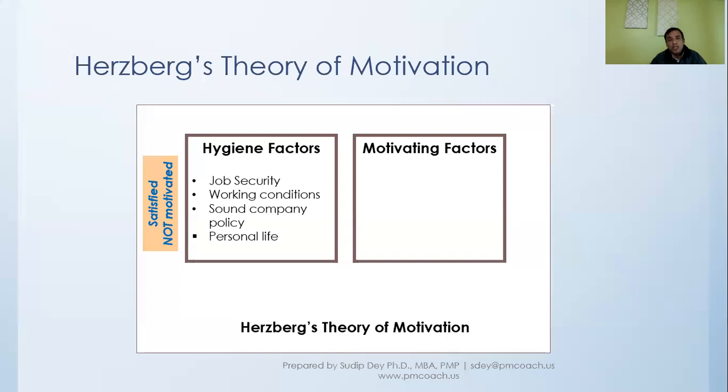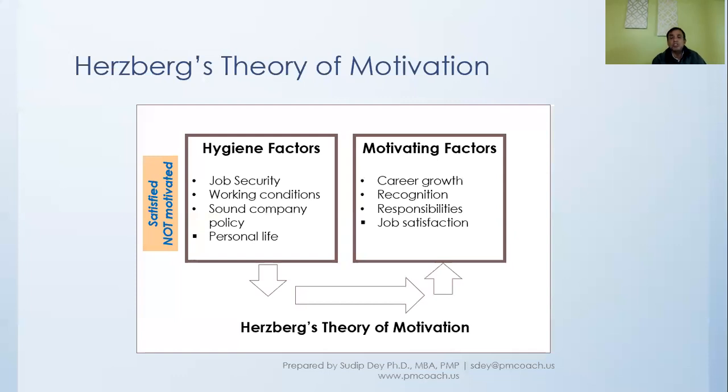So when you provide these factors, it will satisfy them, but it will not motivate. Once the hygiene factors are satisfied, only then will motivating factors take effect. For example, career growth, recognition, responsibilities, job satisfaction. So this comes only when the hygiene factors are satisfied.